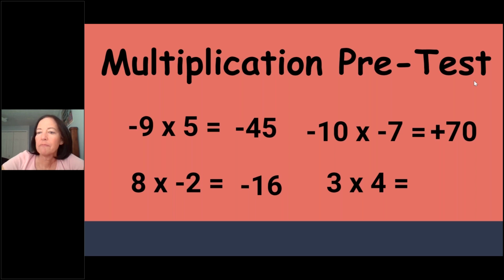If the signs are the same, the answer has to be positive. If the signs are different, the answer has to be negative. So for 3 times by 4, is that going to be a positive or a negative?